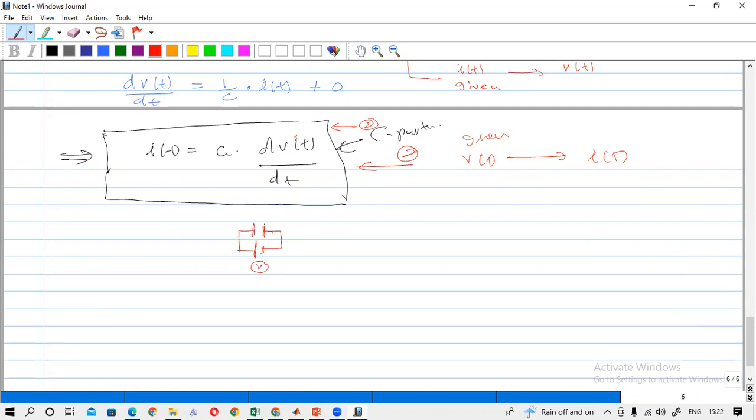So if it is at a constant voltage, that means the voltage is not changing. So at that time, what is the current? Can you tell me what the current is at that time?